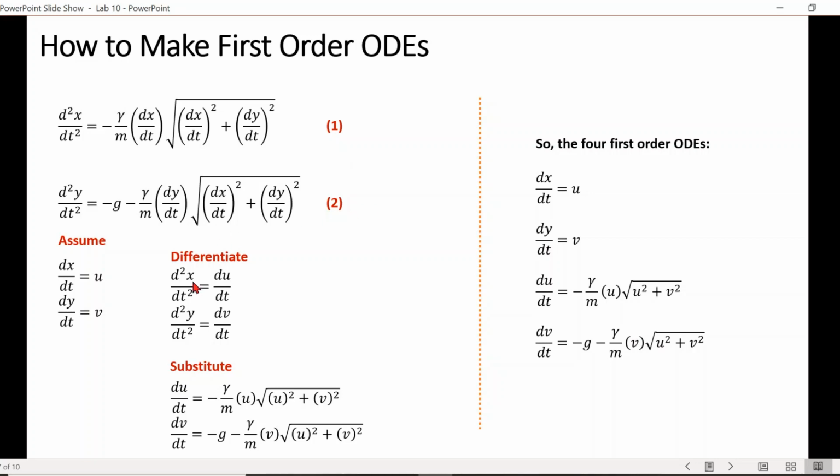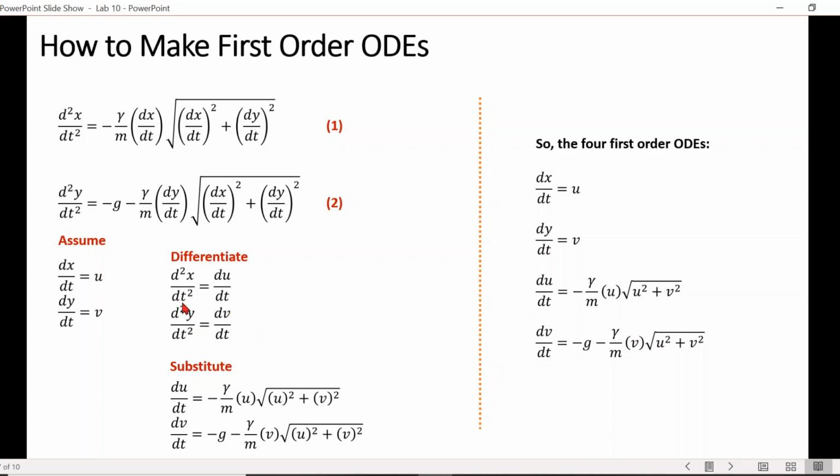We can assume that dx/dt equals u and dy/dt equals v. Now if we differentiate that, it becomes d²x/dt² is du/dt, and dv/dt refers to the second derivative of y with respect to t.